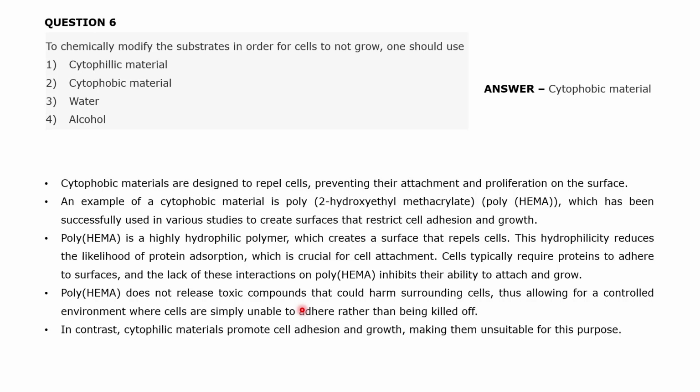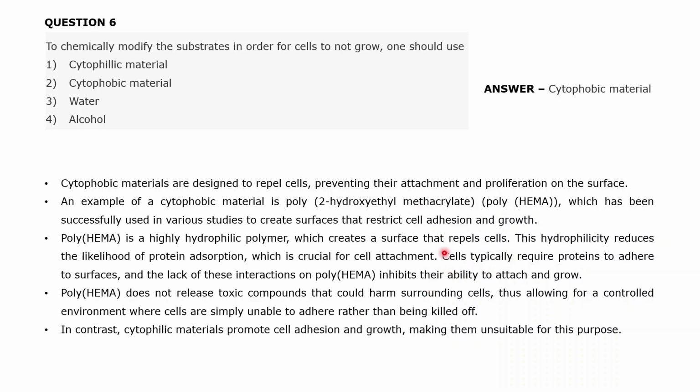So you need a substance that does not harm the cells, which is not toxic to the cell, but at the surface where it is coated, it will not allow cells to attach. So basically, polyHEMA, or 2-hydroxyethyl methacrylate, is one such component that prevents cell adhesion and repels cells. So basically, it inhibits their ability to attach and grow.